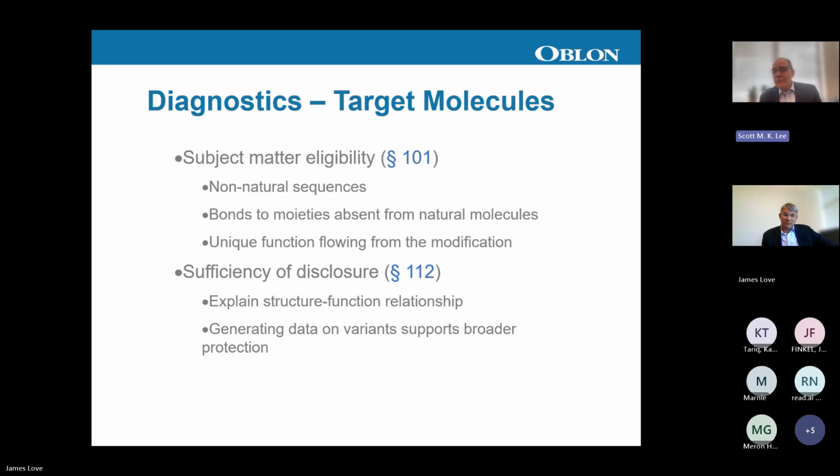So if you're working in this area, it's important to be aware of these points. And this is something that makes it important to work with a patent attorney who understands this and can help you identify a productive path to pursue.